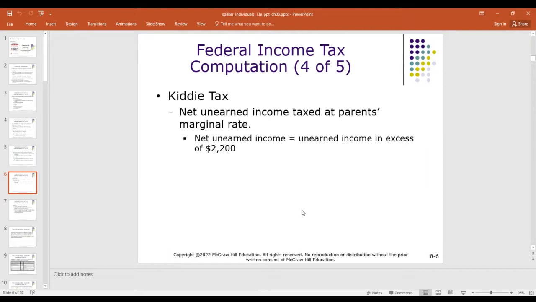So we're focused on unearned income, not earned income. If a child, and we'll define who is a child for purposes of this tax, has net unearned income greater than $2,200, they may have to pay tax on that unearned income at the parent's rate.